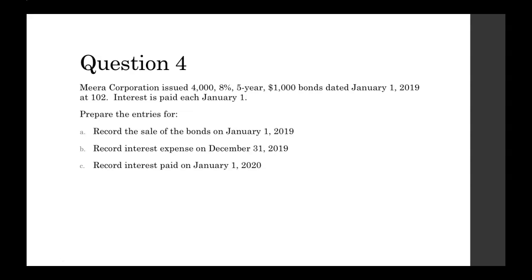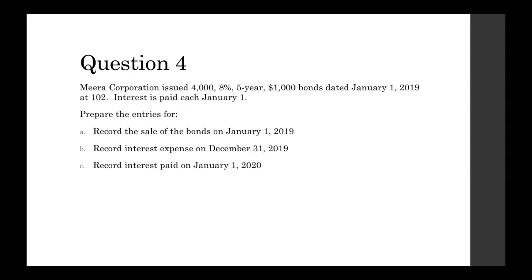So, Mira Corporation is issuing 4,000 8% 5-year $1,000 bonds dated January 1st, 2019 at 102. What's the 102? Well, the 102 is saying that Mira Corporation was able to issue these at a premium. So they were able to receive more cash than the face value would dictate.